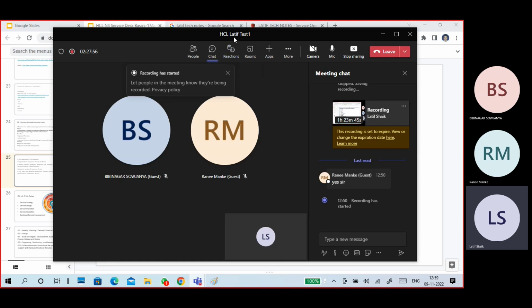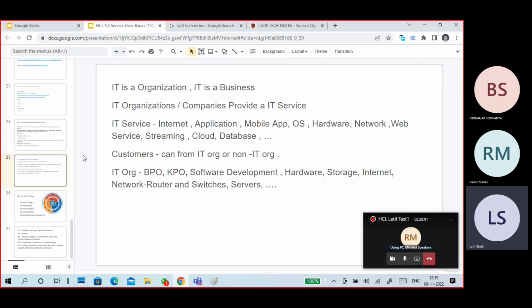Use Microsoft Teams, or maybe Zoom, or Zoho Meeting, Google Meet. So we are an organization, we need to meet. It does not mean our IT organization will build our own tool. Not required always. It depends upon the organization. They require certain hardware, application, operating system, and network related services.